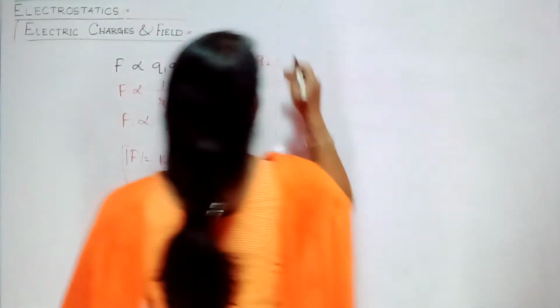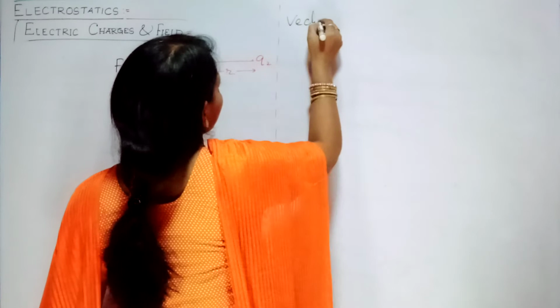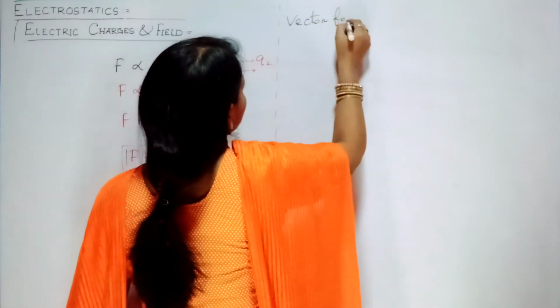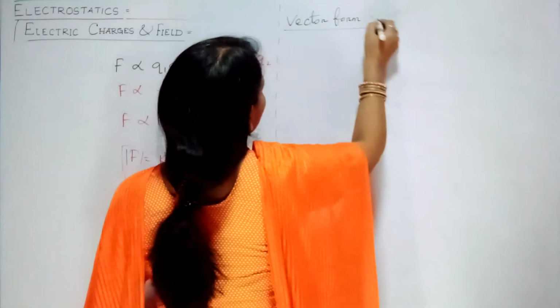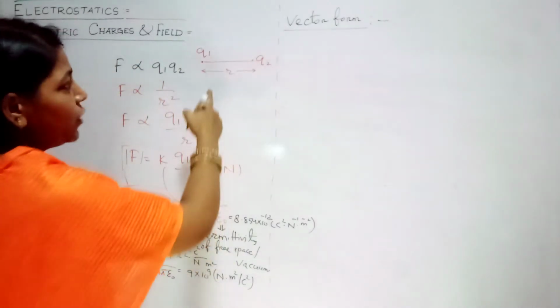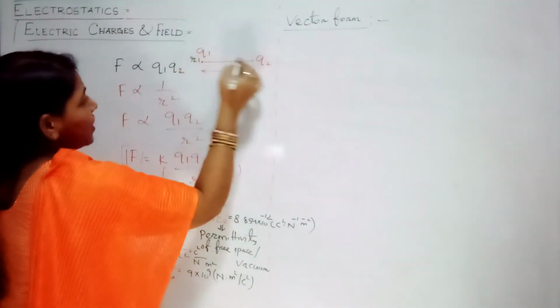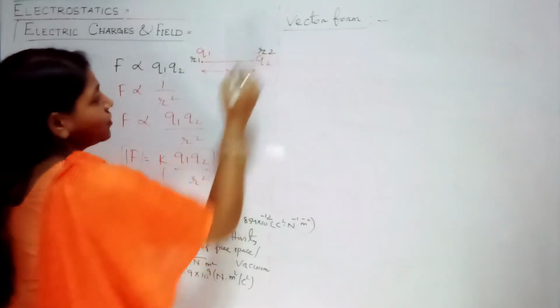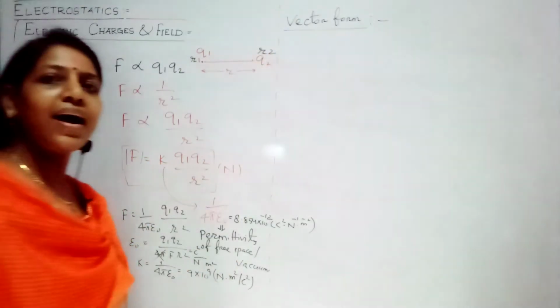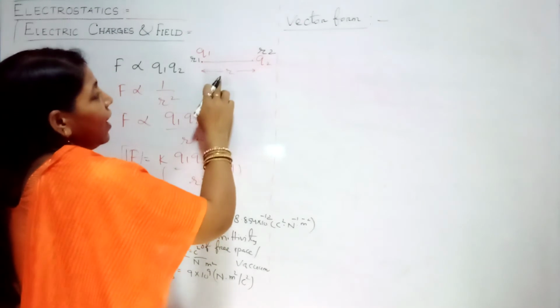Am I right? So hence, let us see the vector form of Coulomb's law. Make the heading: vector form of Coulomb's law. In the same way, consider two charges. Let the vector associated with one be r1 and the vector associated with the other be r2.